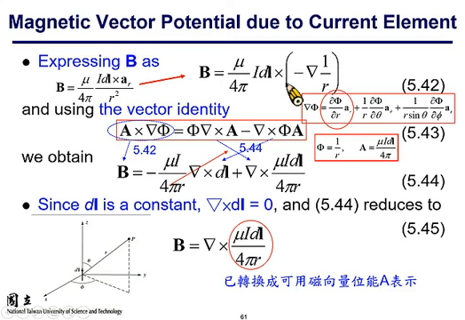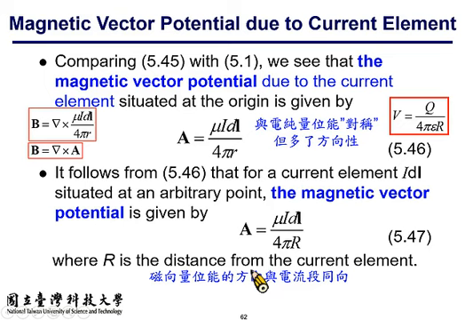So compare this with this. You can find that the magnetic vector potential for a short section of electrical current is mu I dl over 4 pi r. So this is the magnetic vector potential of a very short electrical current.